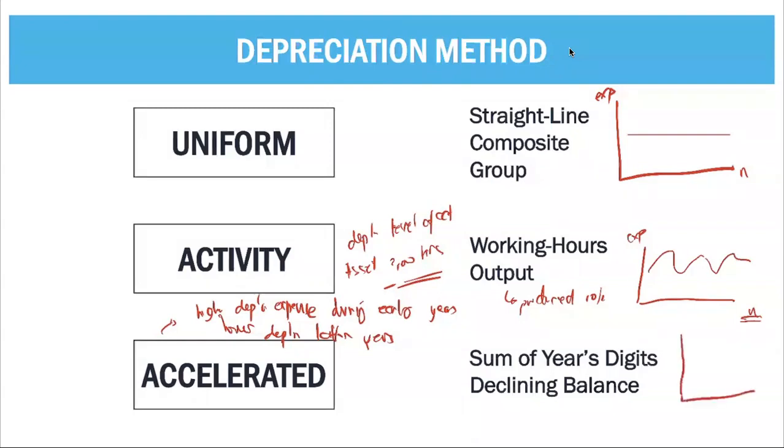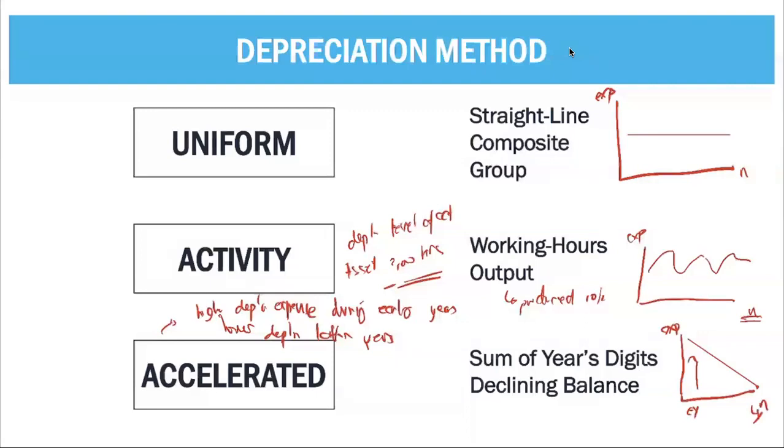So how will your graph look like in accelerated? So we have here your expense, and this is the period. Higher over the early years, and on your latter years, you can see the depreciation is smaller. Okay? It goes down, accelerated.